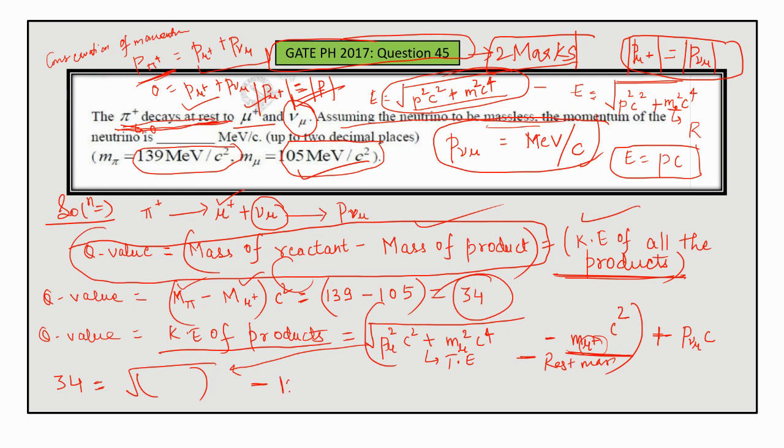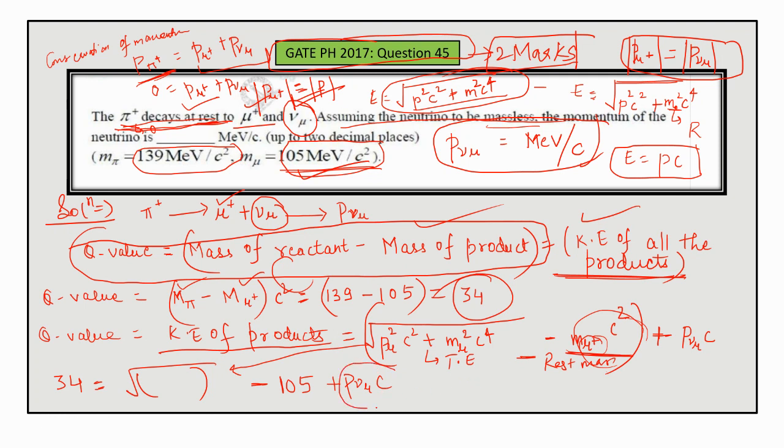So I'm writing 105. Okay, see, the rest mass of the muon is given to us in the question itself. And you have to be very careful about the unit. MeV by c square, so c square and c square will cancel and we can write it as 105. Okay, p nu c. No doubt.